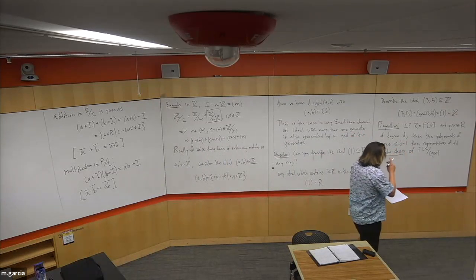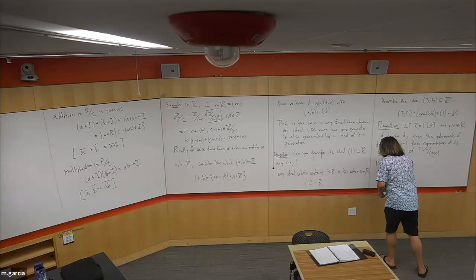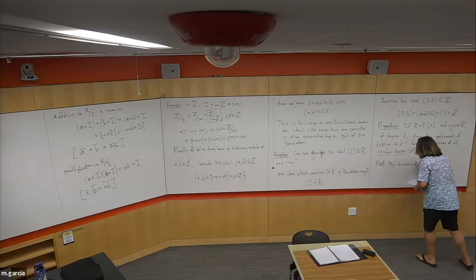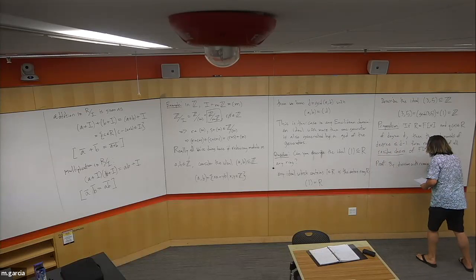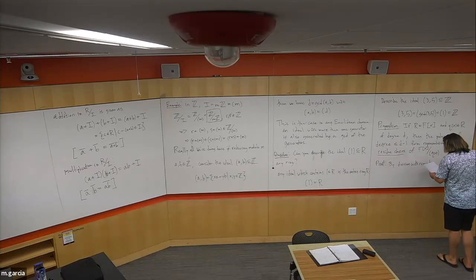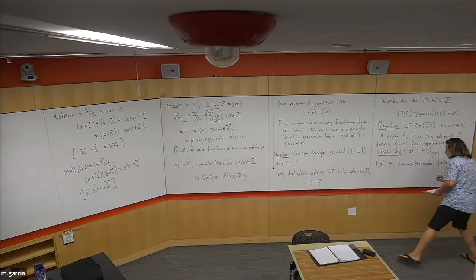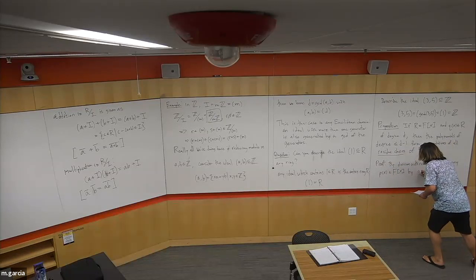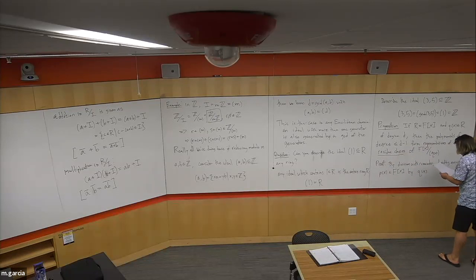So let's prove this. By division with remainder, dividing any P of X in F adjoin X by Q of X gives the following.